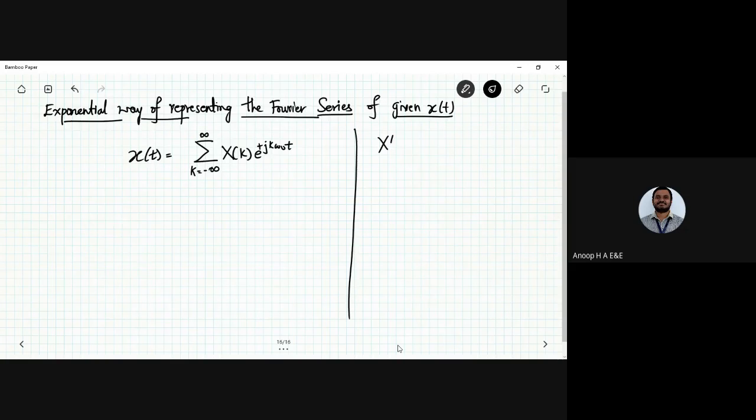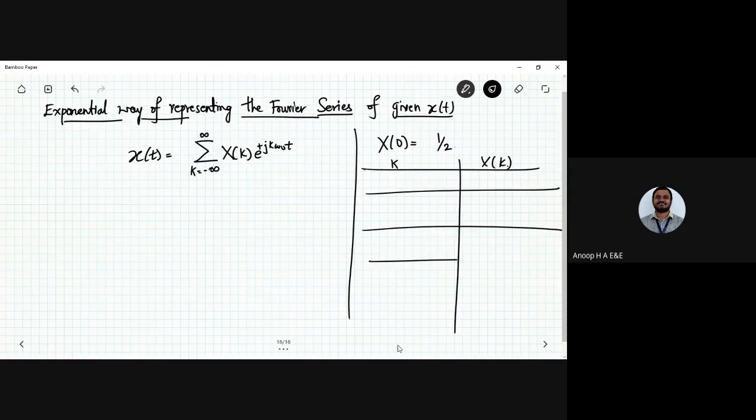I have written x of 0 as 1 by 2. Now you are going to have a few values that you need to write, the value of k and x of k. Make a tabular column in such a way that you keep on giving simple values.